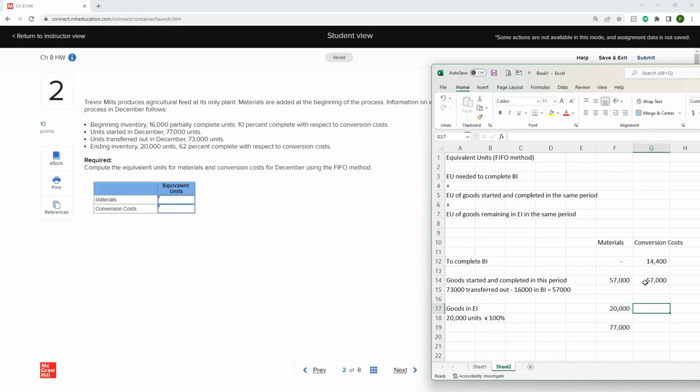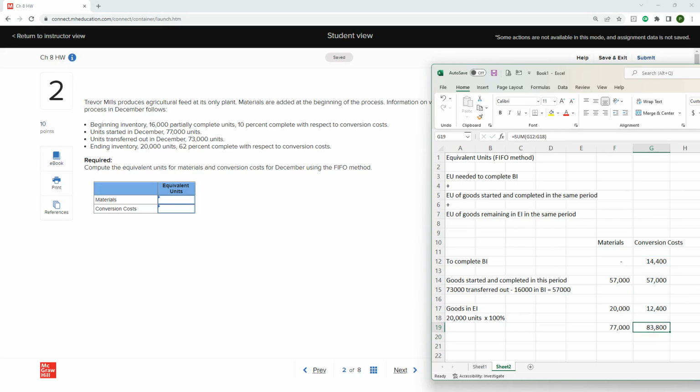And so to calculate what we did for this month, that's just the 62% times the 20,000 units. And we get 12,400 equivalent units that we did for this month. And so we sum up these three numbers and we get 83,800 for question number 2.